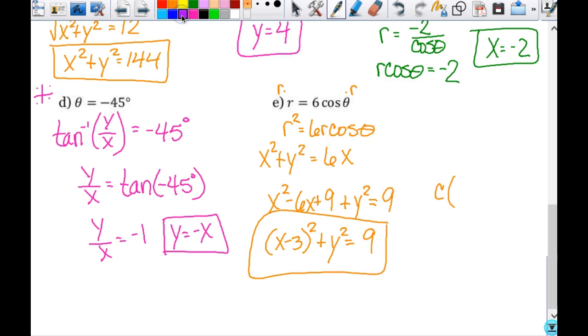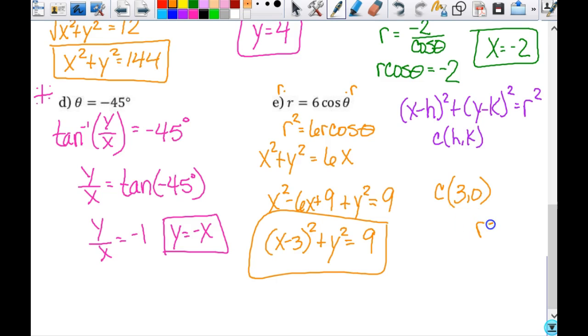Remember, for circles, it is x minus h squared plus y minus k squared equals r squared. And the center is at h, k, and r is clearly the radius. So the center is 3, 0, and your radius is... So, got to be able to complete the square to get your circle. Okay? Any questions at all?